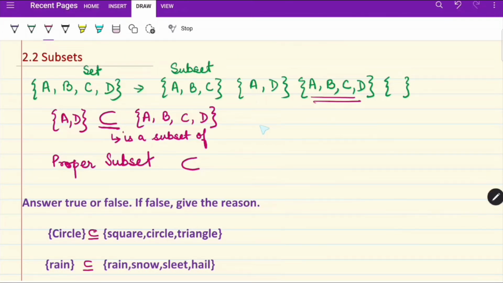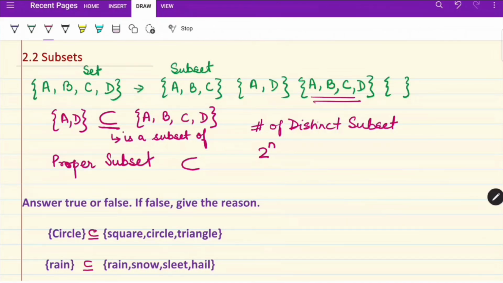Now, the number of distinct subsets that can be created from any set is given by the formula 2 to the power n, where n represents the number of elements in the original set. So in our set here, there were 4 elements.